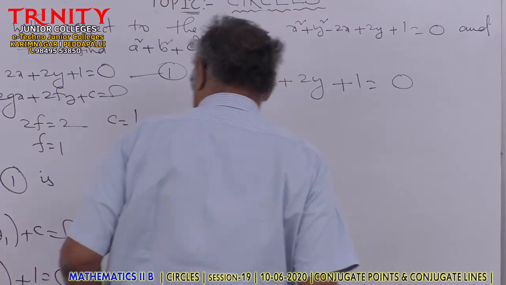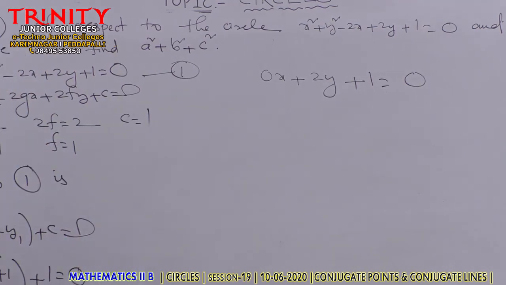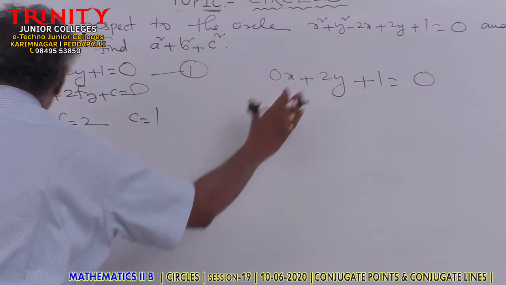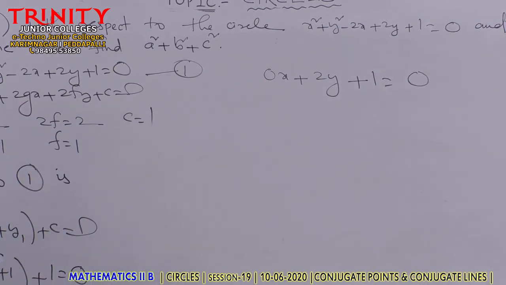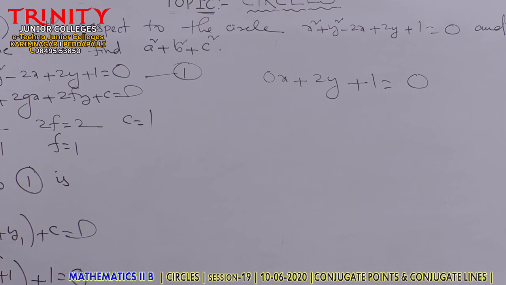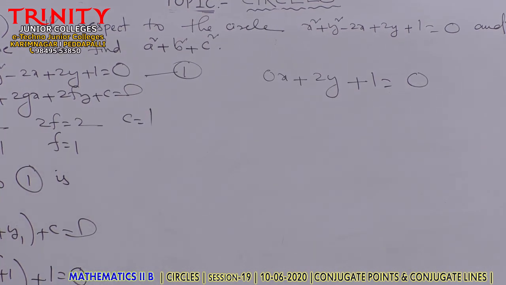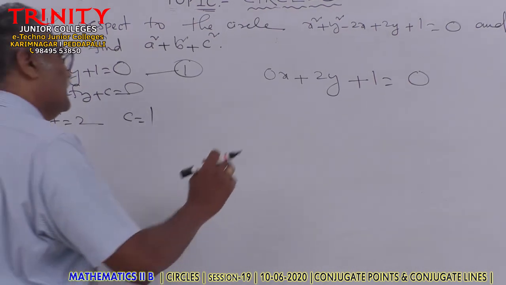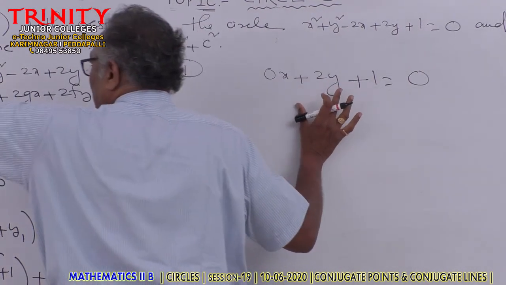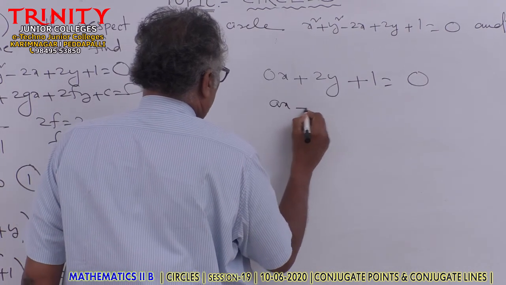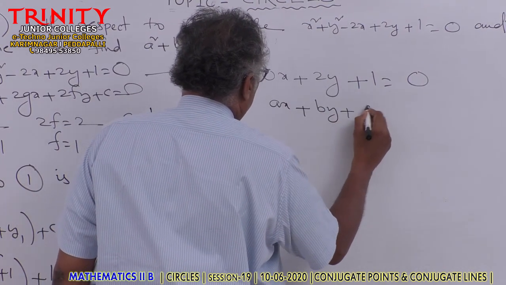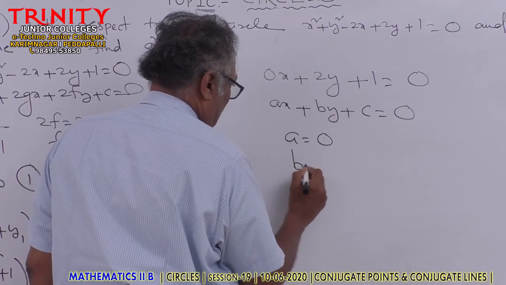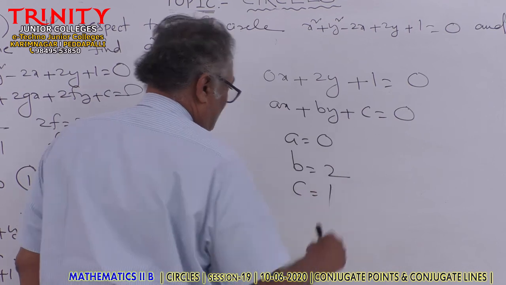Here HCF of a comma b comma c. Now it is in the form of ax plus by plus c is equal to 0, but HCF of a b c is equal to 1. So comparing this equation with ax plus by plus c is equal to 0, a is equal to 0, b is equal to 2, c is equal to 1.